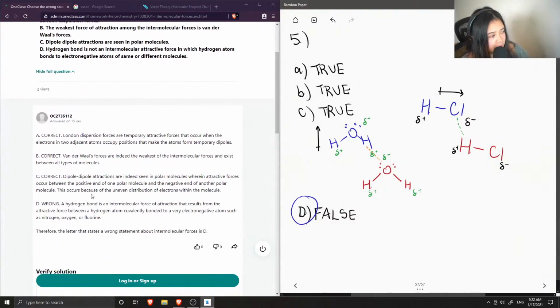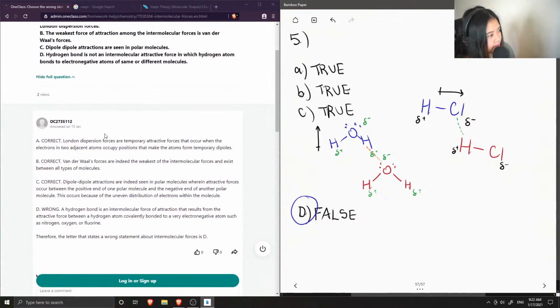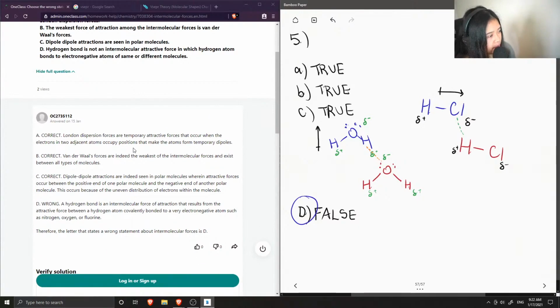So the junior tutor said that A is correct. London dispersion forces are temporary attractive forces that occur when the electrons in two adjacent atoms occupy positions that make the atoms form temporary dipoles. B is correct. Van der Waals forces are indeed the weakest of intermolecular forces and exist between all types of molecules.